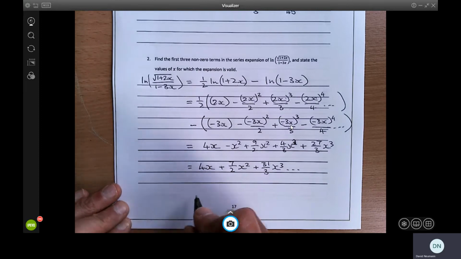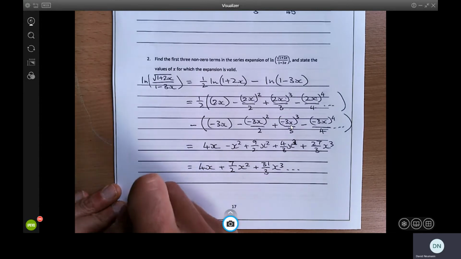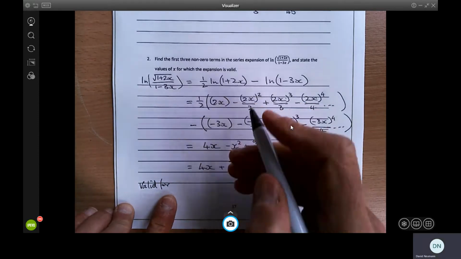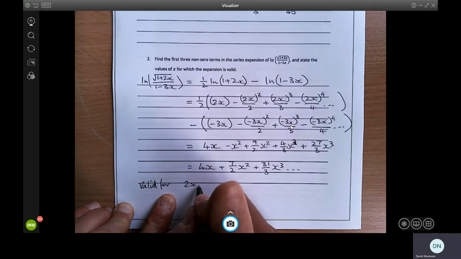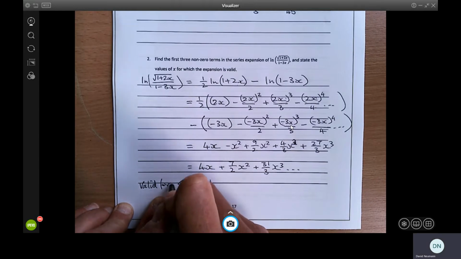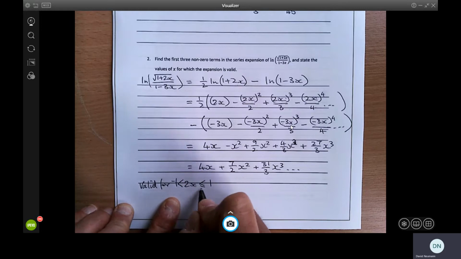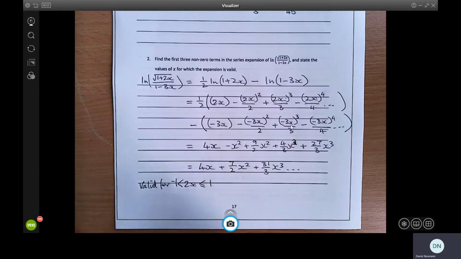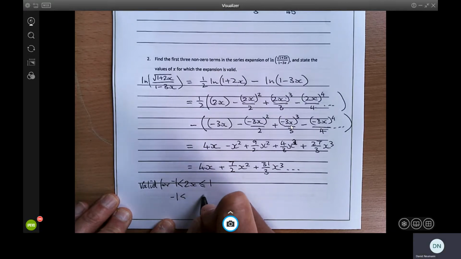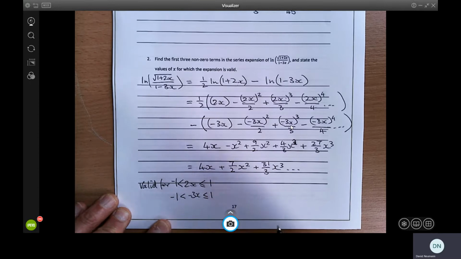So the two series are valid for, well, here we've got 2x, and it's valid between 1 and -1. You see I've got an equal to there. And the other one is also -1 to 1. And this time we've got -3x in here.